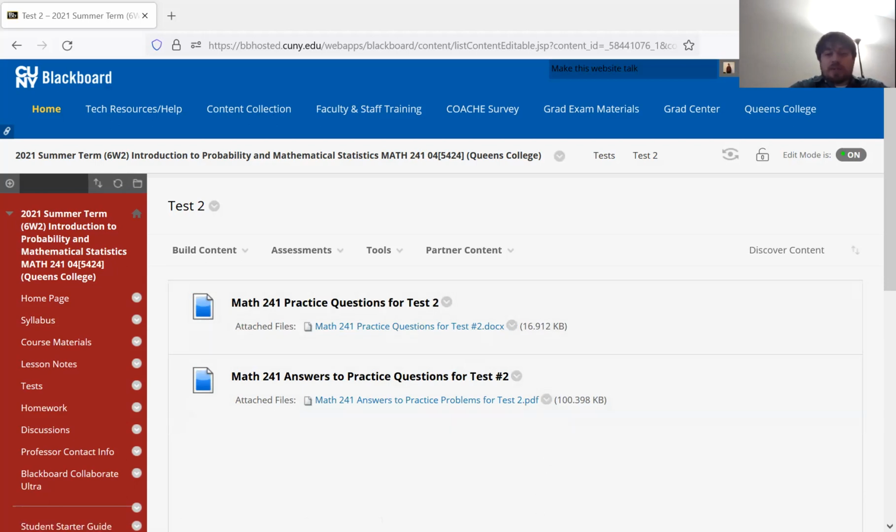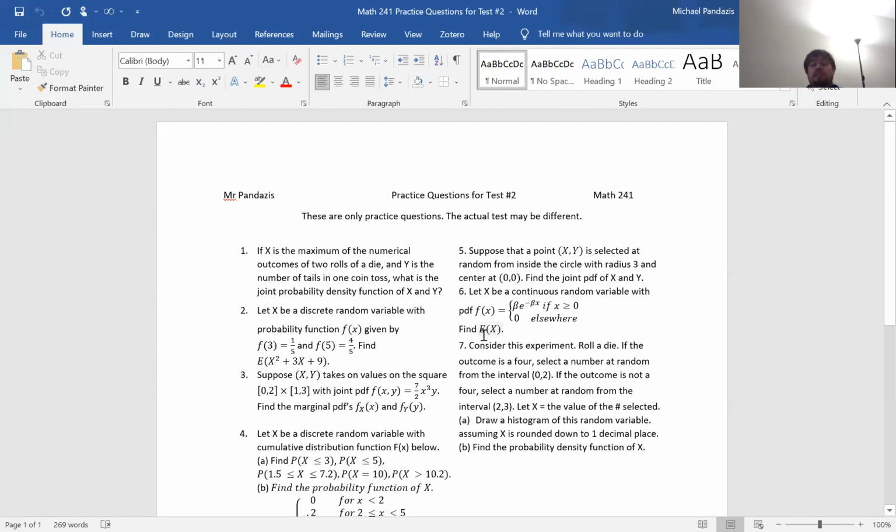Okay, so practice questions for test 2. Now we're just going to go over that sheet. Here are the practice questions for test 2 that you can find on Blackboard in the test 2 folder.